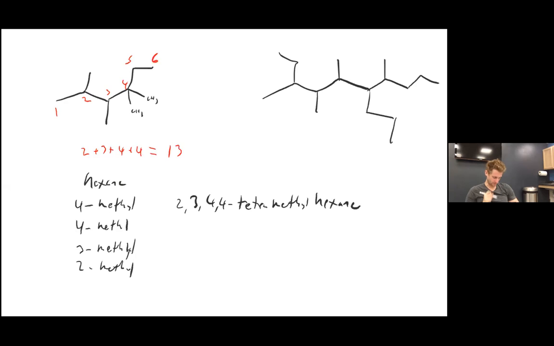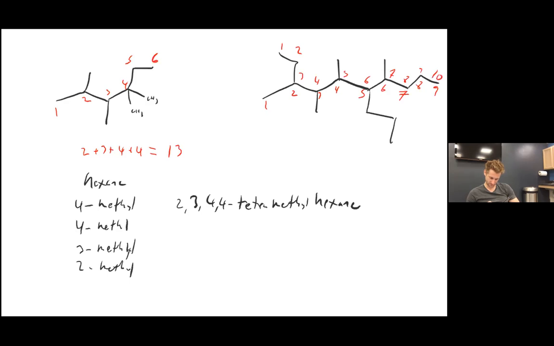All right, I'm going to do the next one, and I might save the last one for Wednesday. Taking a look at our longest chain, 1, 2, 3, 4, 5, 6, 7, 8, 9. We could also go 1, 2, 3, 4, 5, 6, 7, 8, 9, 10.